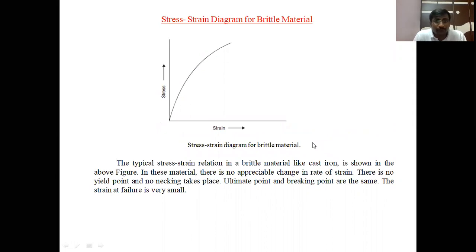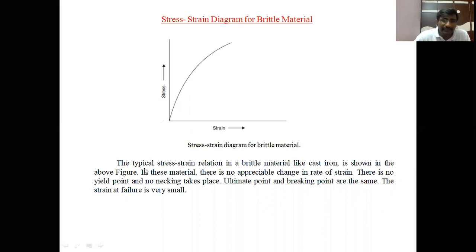This slide shows the stress-strain diagram for brittle material. Previously, we studied the stress-strain diagram for mild steel, that is the ductile material, which is very soft. Brittle material has higher strength and high brittleness. For brittle material, the stress-strain diagram shows a curve.